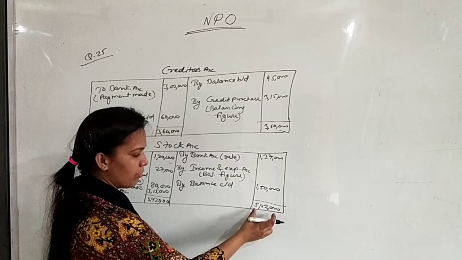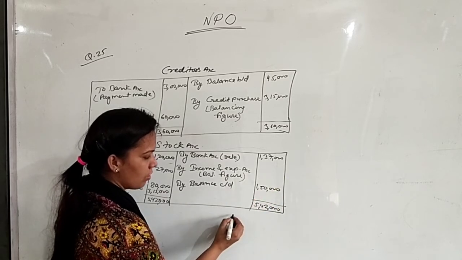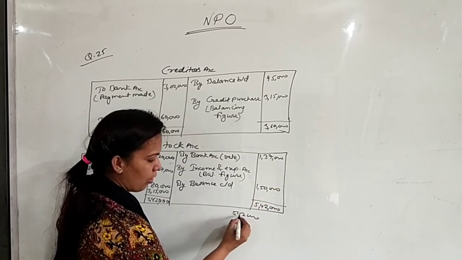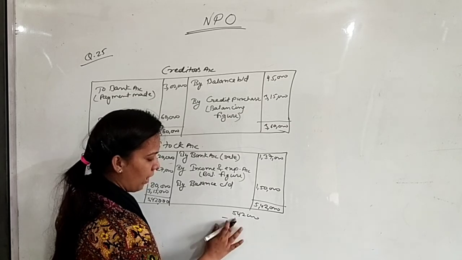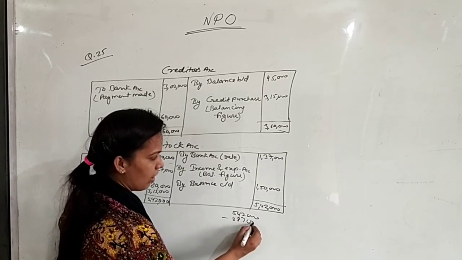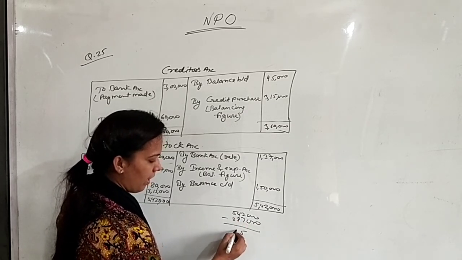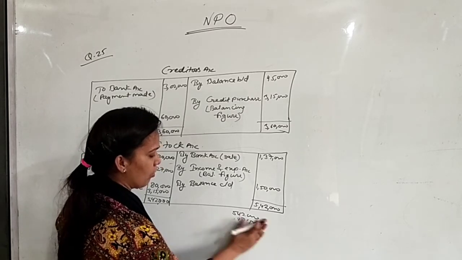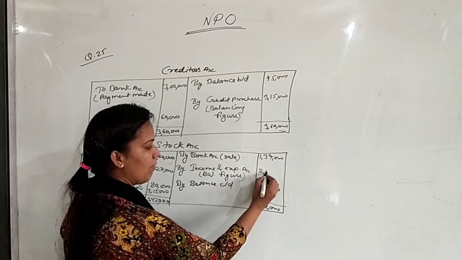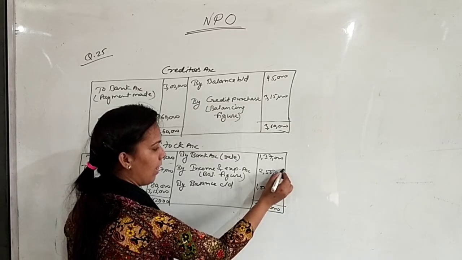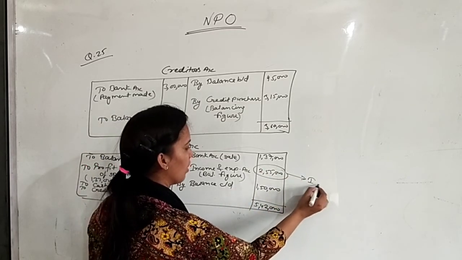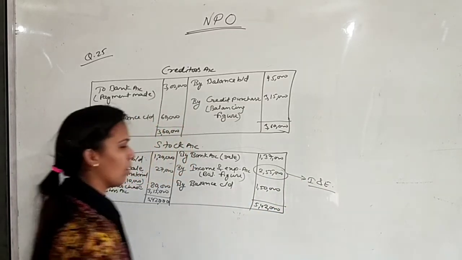First of all, subtract these two amounts from 5,42,000: 5,42,000 minus 2,87,000, then it will be 2,55,000. 2,55,000 is the item that will be shown in income and expenditure account.